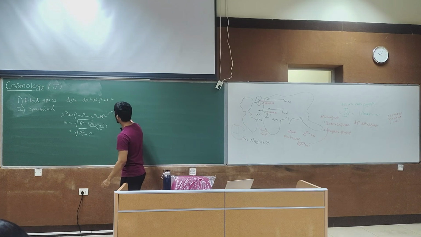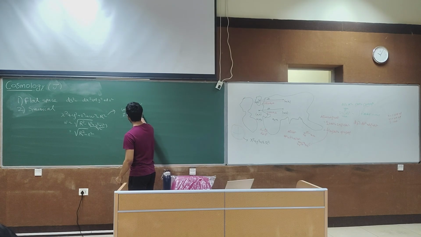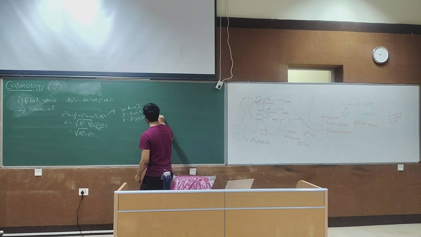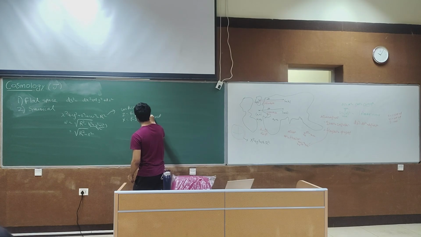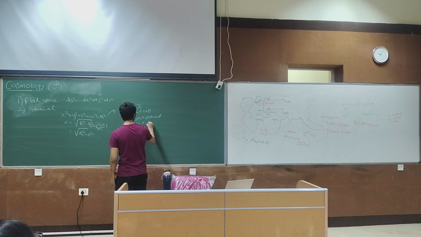Now you can similarly characterize W equal to R cos chi, Z equal to R sin chi cos theta, X equal to R sin chi sin theta cos phi, and Y equal to R sin chi sin theta sin phi.